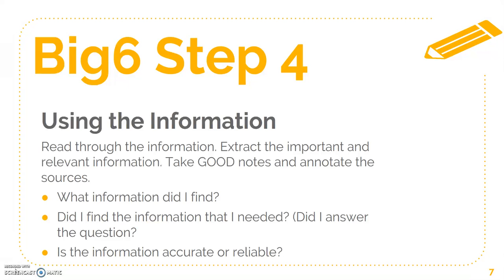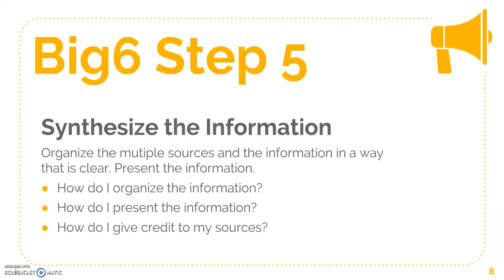Where am I getting my information from? And as I'm looking through this information and curating it, writing it down, I need to make sure that I'm taking excellent notes and annotating my sources, because I need to give credit to the people or to the sources that I'm using.